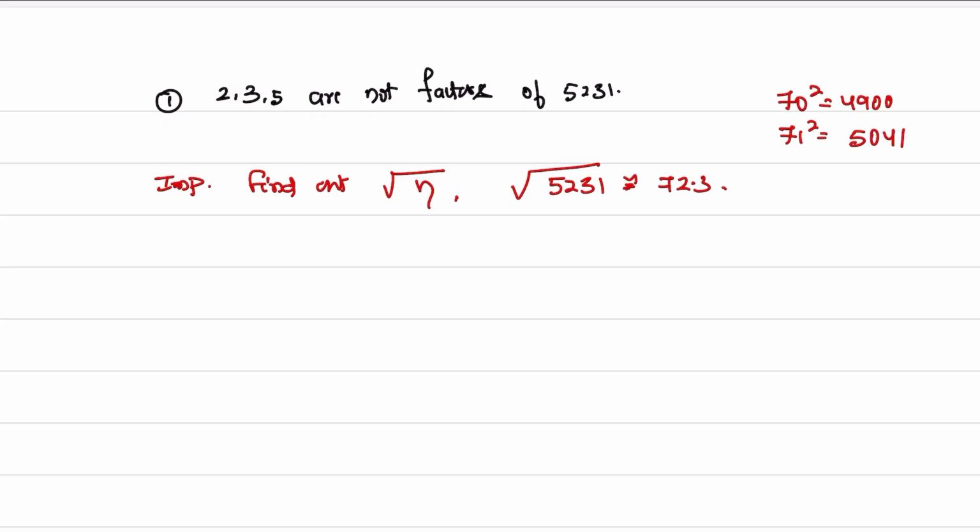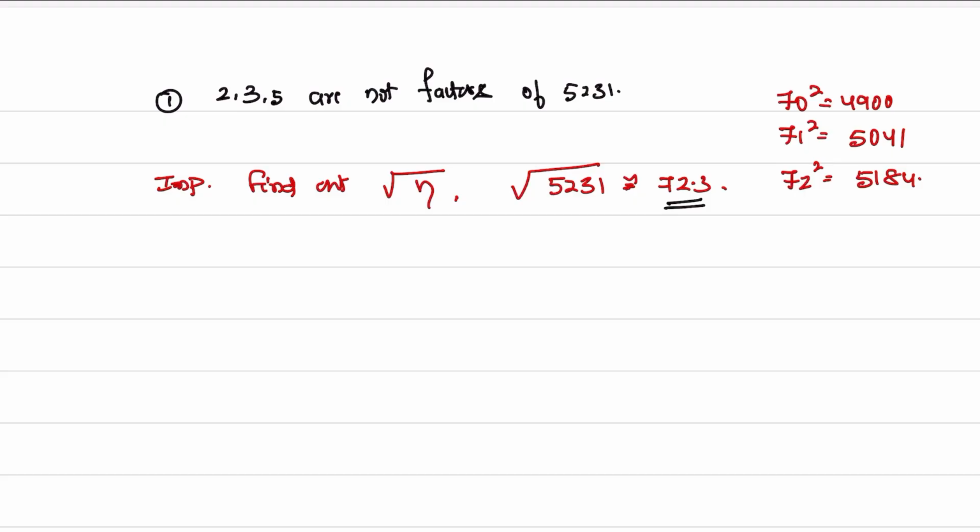And for 5231, 72 squared is equal to 5184. Then the square root of 5231 is approximately 72 point some decimal. We can take it approximately as 72.3. You can cross check also.